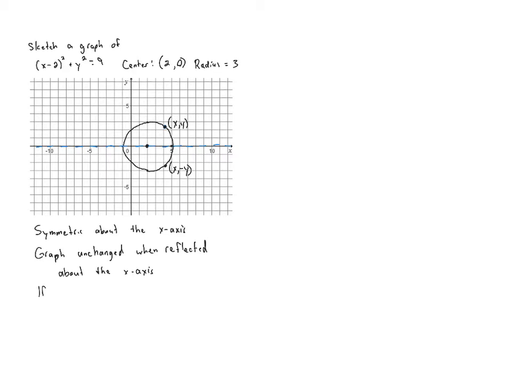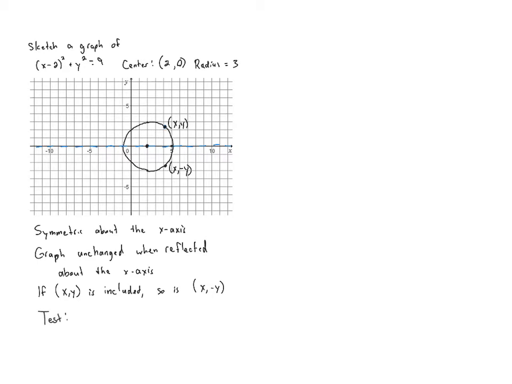And so if the point x comma y is included, so is the point x comma negative y. We can see a lot of similarities between these rules for symmetry about the x-axis and the rules for symmetry about the y-axis. All right, and then we're also going to have a similarity when we're dealing with the tests.